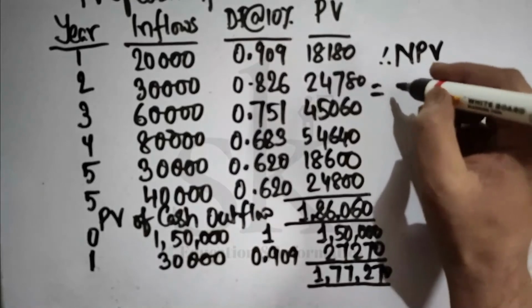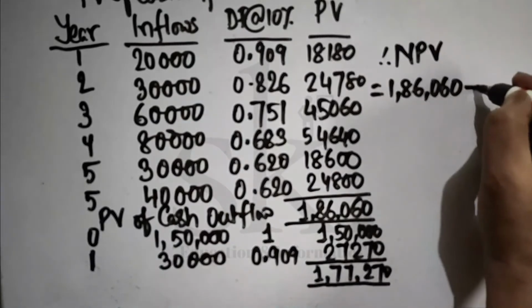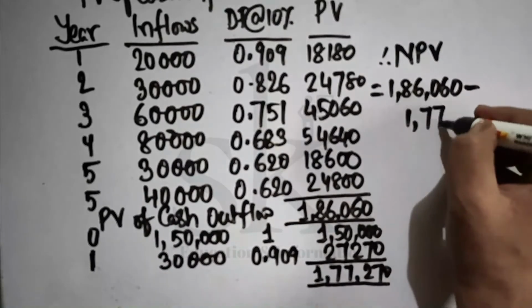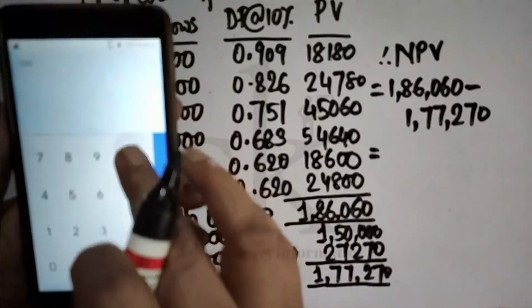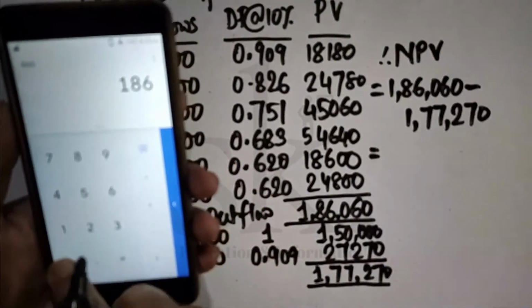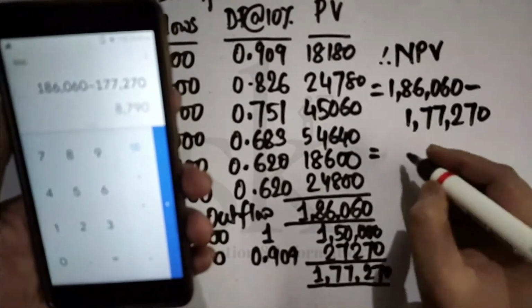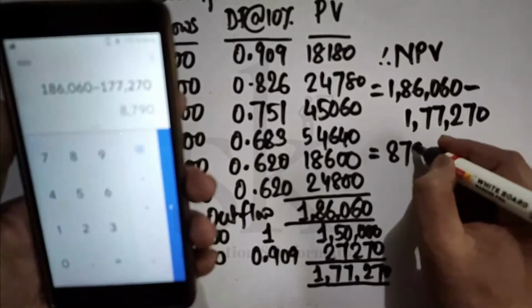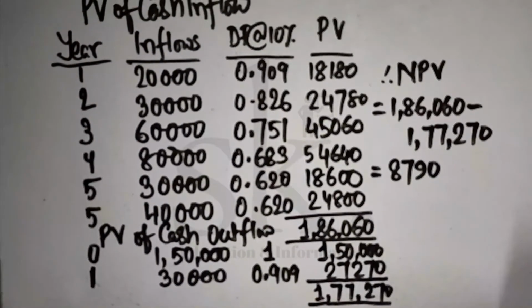The PV of inflow here is 1,86,060 minus 1,77,270. If I subtract this, it gives me an NPV of 8790, which is positive, and therefore we might be looking forward to invest in this particular project, because the NPV is positive.